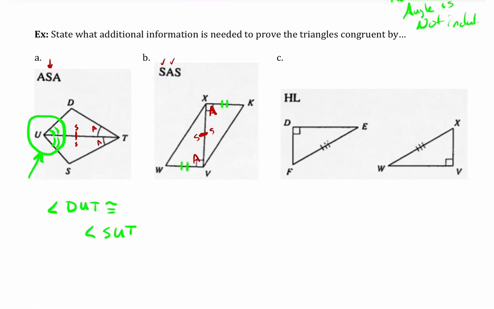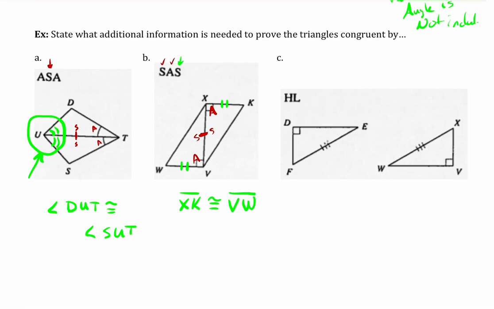So those two sides that I just marked in green would have to be congruent. So segment XK would have to be congruent to segment VW, and then we can say side, angle, side.